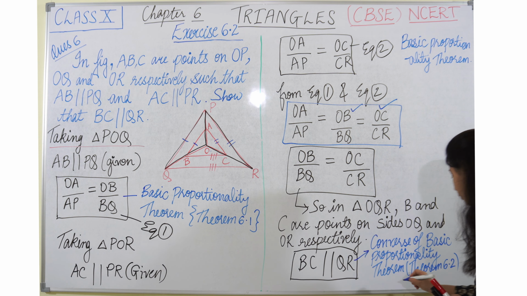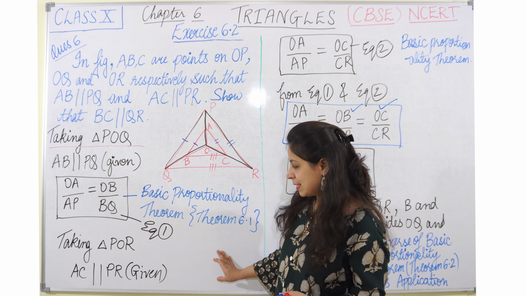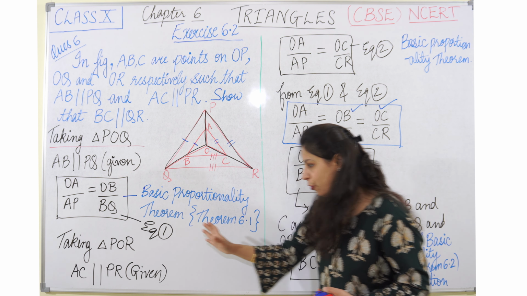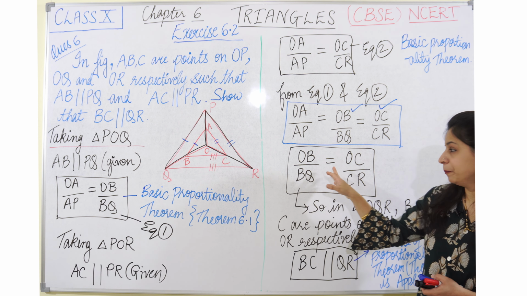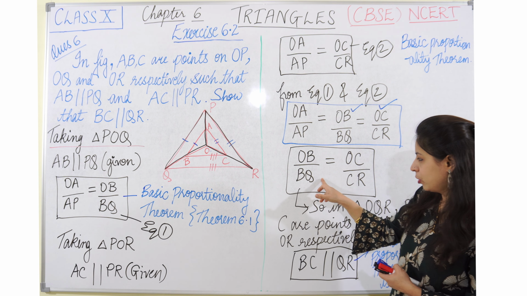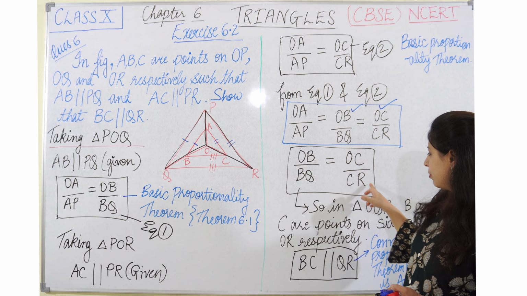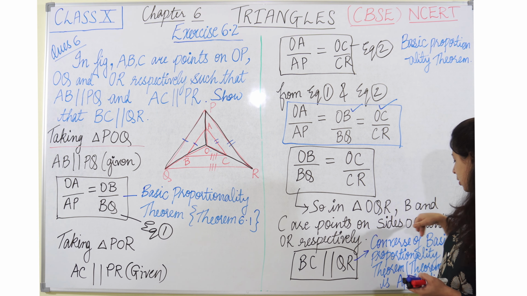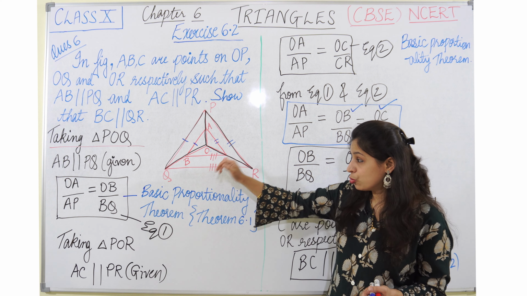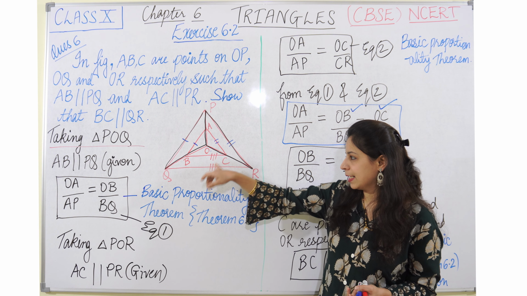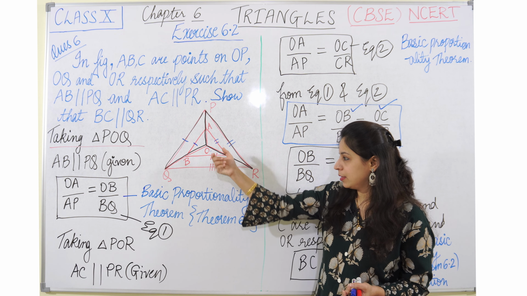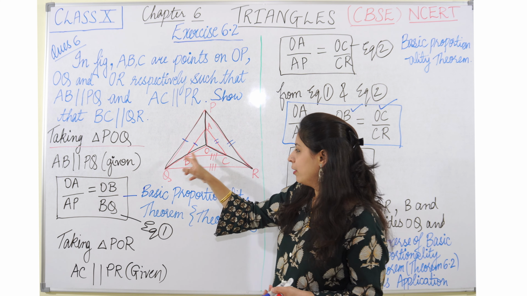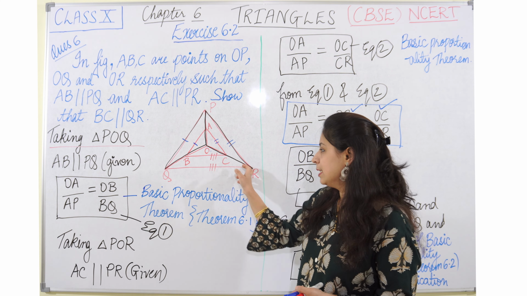So we have already covered theorem 6.1 and theorem 6.2. From 6.1 we stated the conditions, and from both the equations we got the condition OB upon BQ is equal to OC upon CR. That means B and C are points on the two sides OQ and OR of the triangle OQR, and they are dividing the sides in the same ratio.